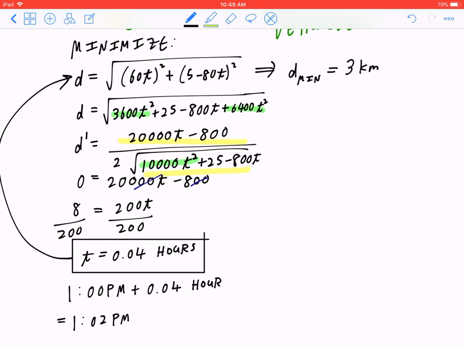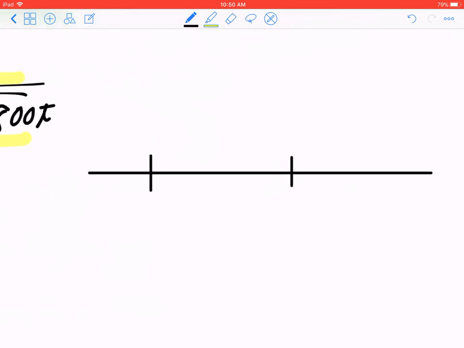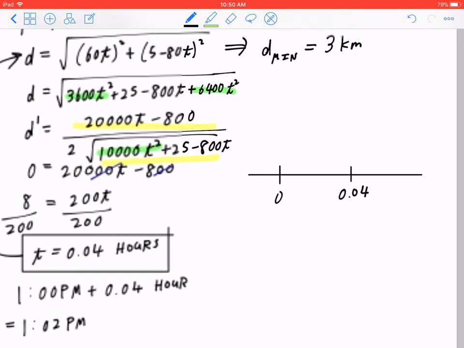Now, the last idea is this. How can you tell that this answer is the minimum and it's not the maximum? All you have to do to double check your work is to draw a number line and look at the point 0.04. And of course, don't forget to add in 0 on the timeline.